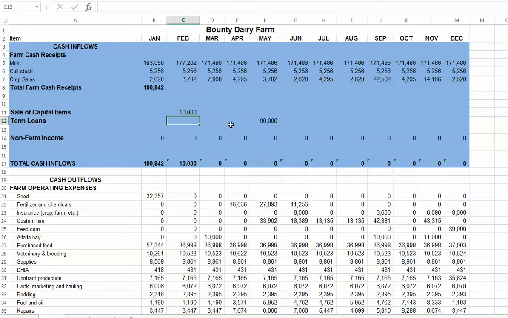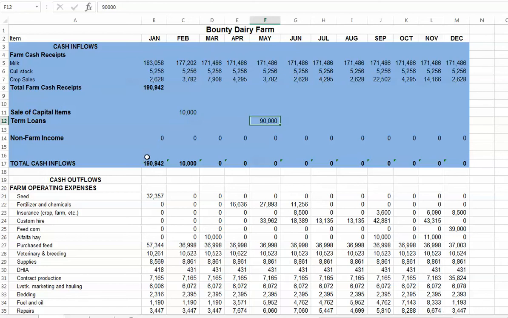Well, the bank's got to deposit that 90,000 into their checking account. That's a cash inflow. It's not income, but it is an inflow of dollars. So what we're doing is we're simply saying here in May, the bank's going to put $90,000 into our account because we think we're going to buy some new assets of some kind.